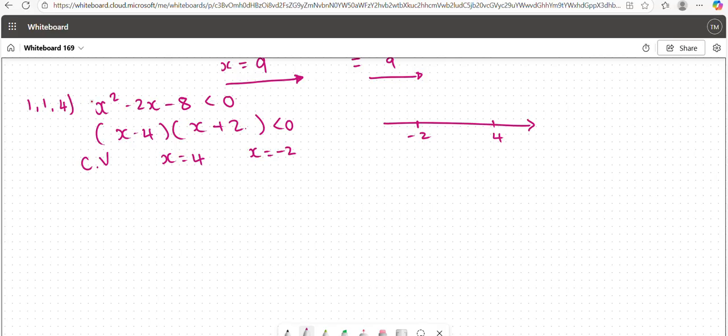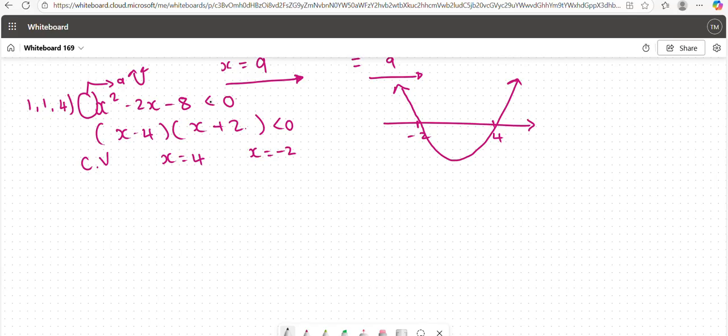It's a smiley shape because this a value is positive, so my graph goes up like that. My inequality says less than, so I'm looking for this range here below the graph. How do I represent that? x is greater than negative 2, but x is less than a positive 4. And there we go.